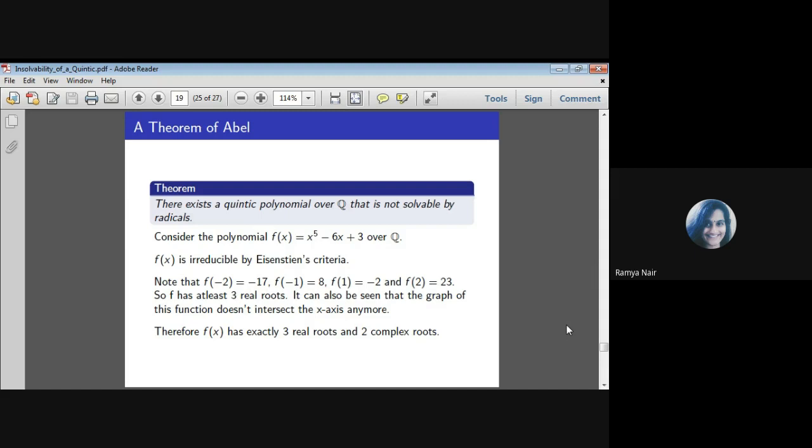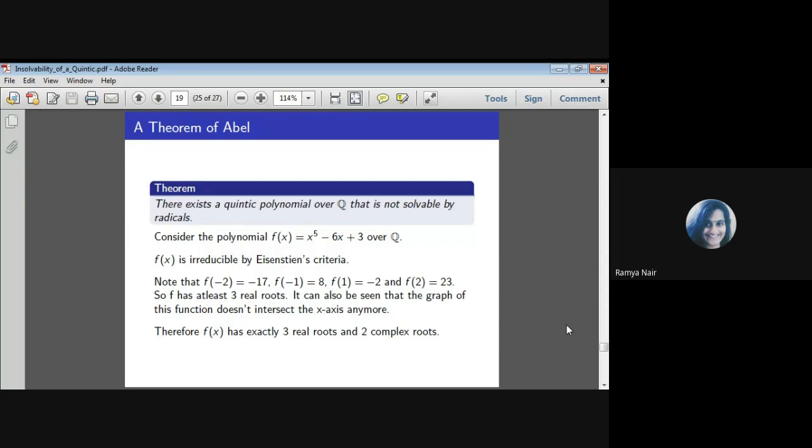If you draw the graph, you can see that f of minus 2 is a negative number and f of minus 1 is a positive number. So by the intermediate value theorem, you get one root between minus 2 and minus 1.